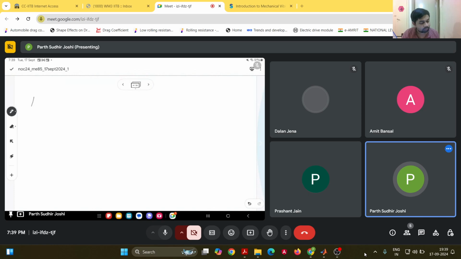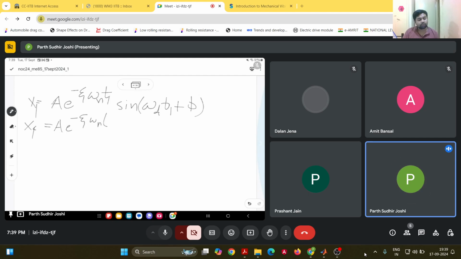Using the general form of the equation, x1 is A e raised to minus zeta omega n t1 into sine of omega d t1 plus phi, and x4 is A e to the power minus zeta omega n t4 into sine of omega d t4 plus phi.